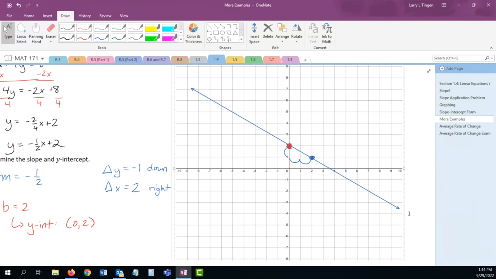Okay. Now, in general, for problems like this, if we don't have time to do a full check and make a third point, the other thing you can do is take a look at and make sure that the line is falling or rising correctly. We found the slope here to be -1/2. A negative slope means my line is going to be falling from left to right.